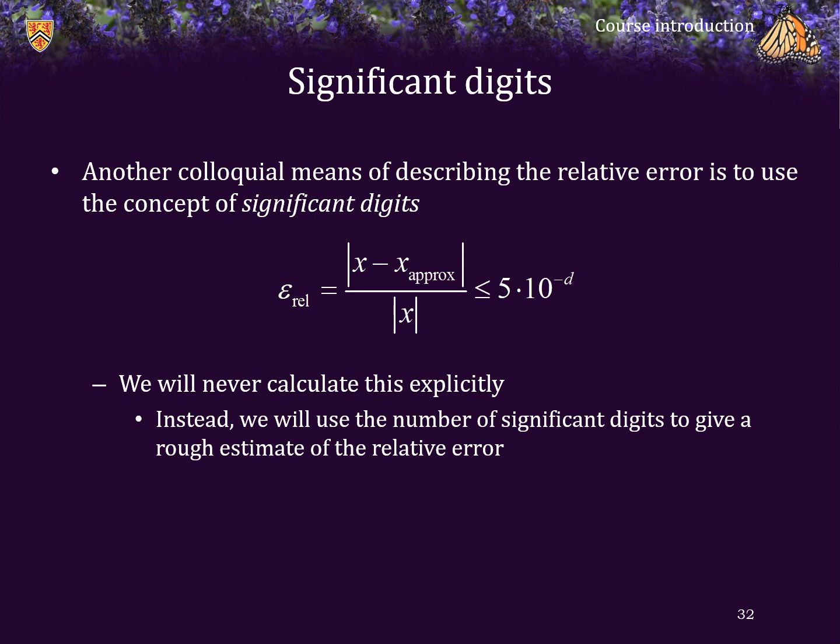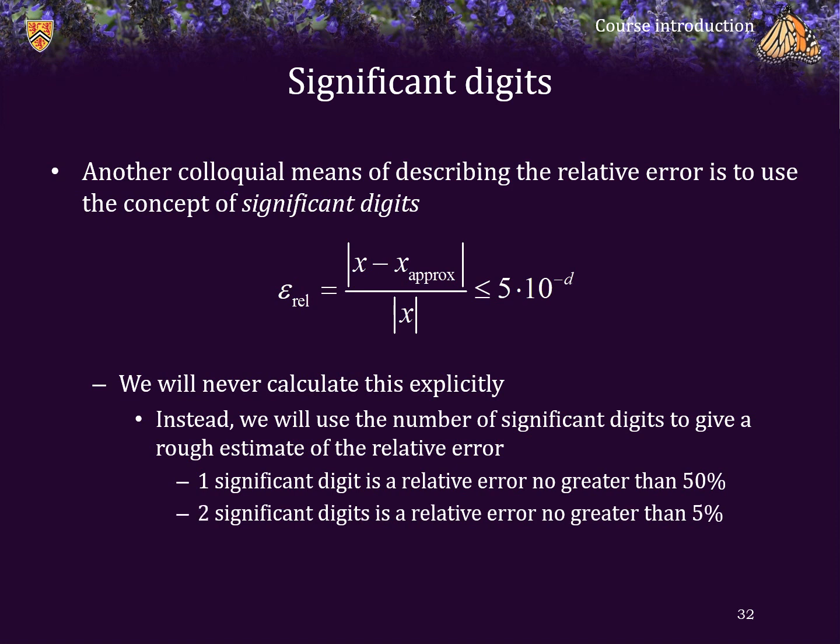So instead, we will only use the number of significant digits to give a rough estimate as to the relative error. For example, one significant digit indicates that the relative error is no greater than 50%. Two significant digits indicates the relative error is no greater than 5%, and so on and so forth.